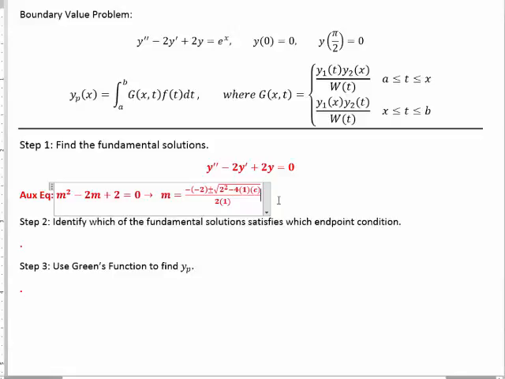So we essentially have 2 over 2 plus or minus the square root. Let's see if we can simplify this.